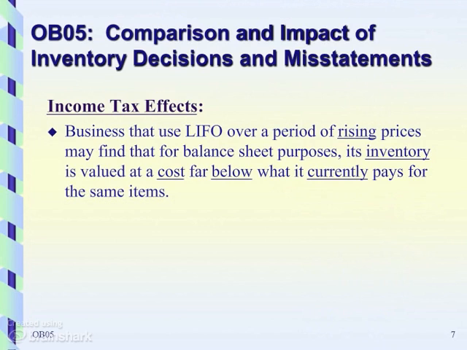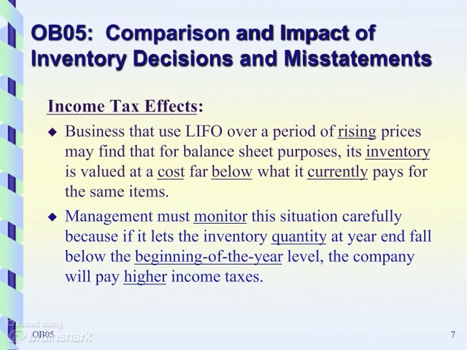Management must monitor this situation carefully because if it lets the inventory quantity at year-end fall below the beginning level for that year, the company will have to pay higher income taxes. The high income taxes would result because the company would expense historical costs of inventory, which are below current costs, and when this occurs, it is called a LIFO liquidation, because sales have reduced inventories below the levels established in prior years.